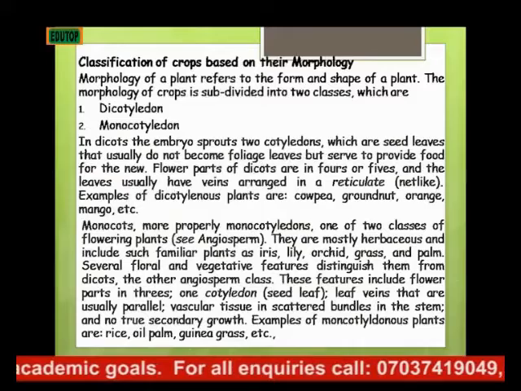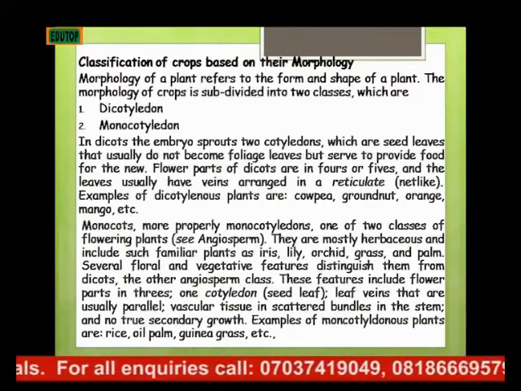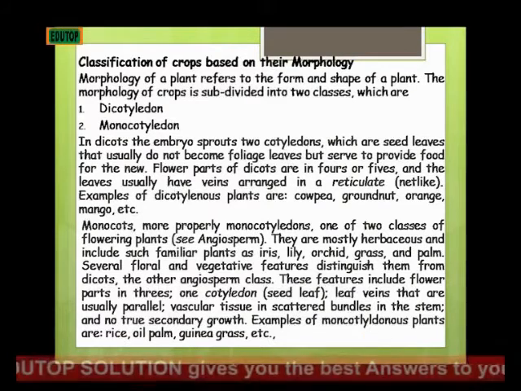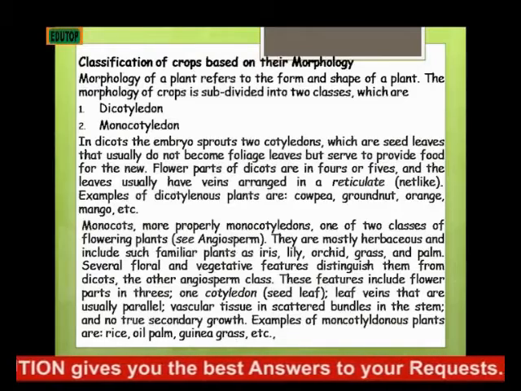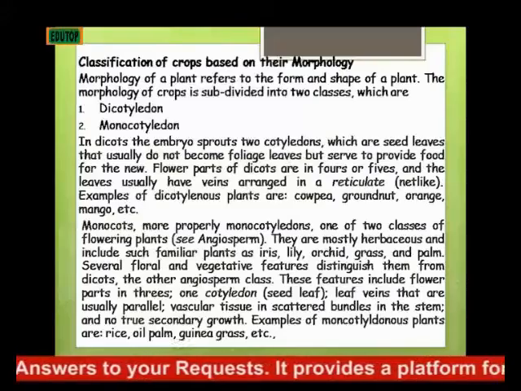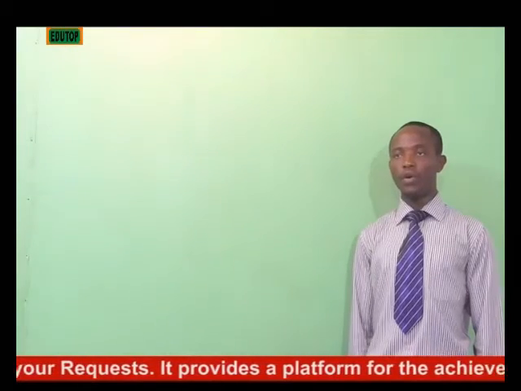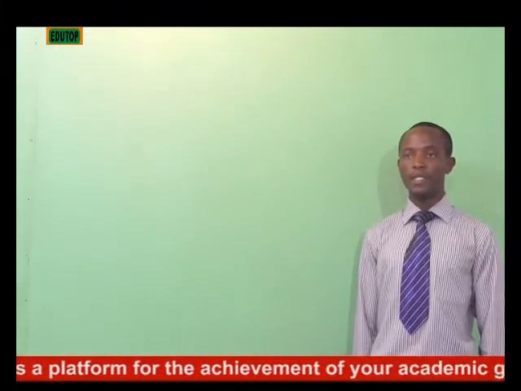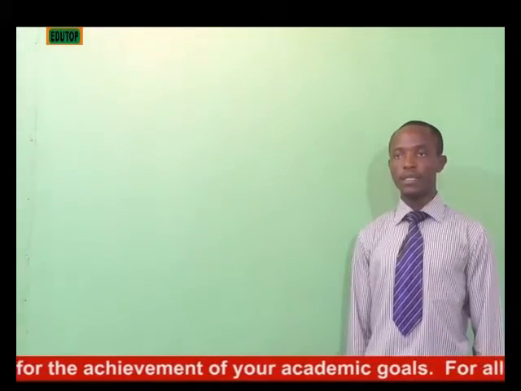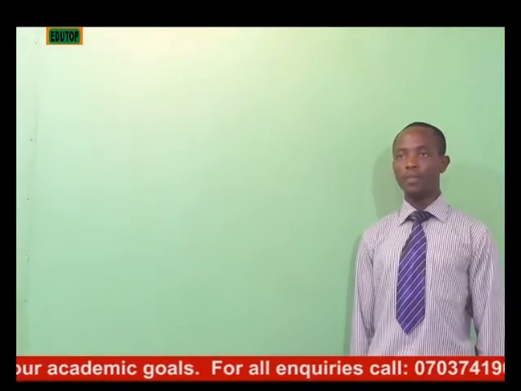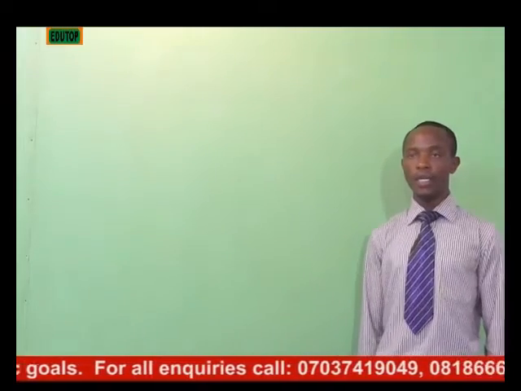In dicots, the embryo sprouts two cotyledons, which are seed leaves that usually do not become fully leaves, but serve to provide food for the new plants. Flower parts of dicots are in 4s or 5s, and the leaves usually have veins arranged in a reticulate, that is net-like, form. Examples of dicotyledon plants are cowpea, groundnut, orange, and mango.